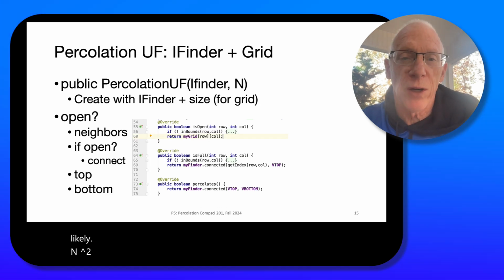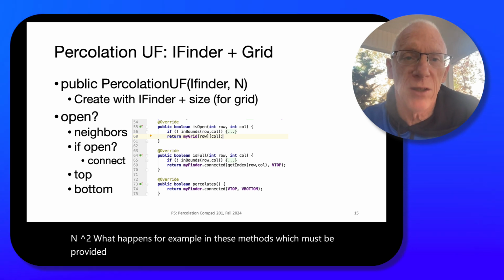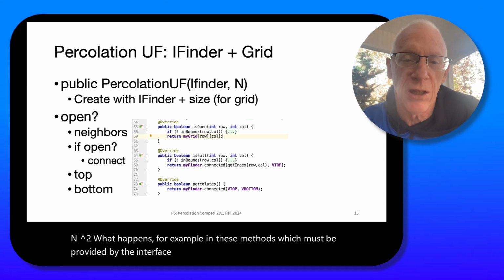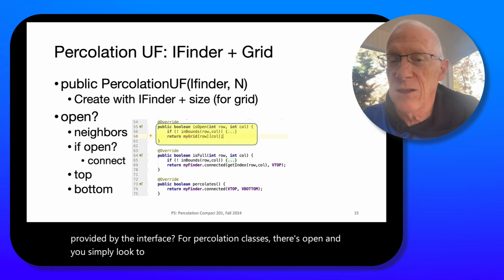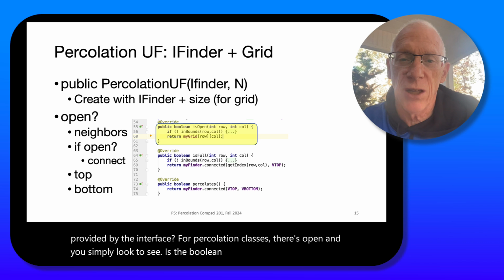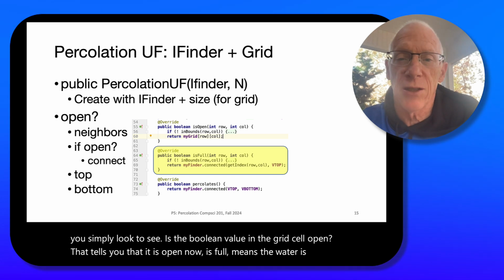What happens, for example, in these methods, which must be provided by the interface for percolation classes? There's open, and you simply look to see, is the Boolean value in the grid cell open? That tells you that it is open. Now, isFull means the water is flowing into this cell.